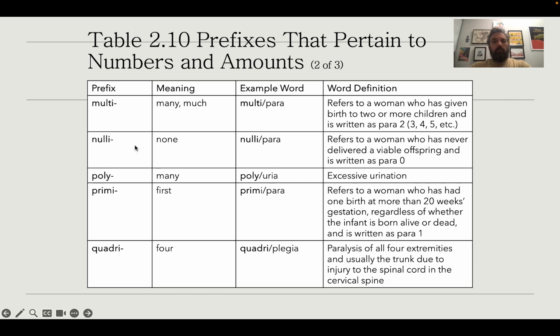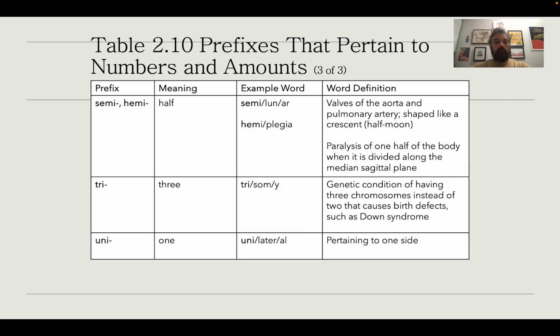There are going to be a couple different situations where you will see similar types of things with multi and poly. That's once again a Latin-Greek change. Here's more.